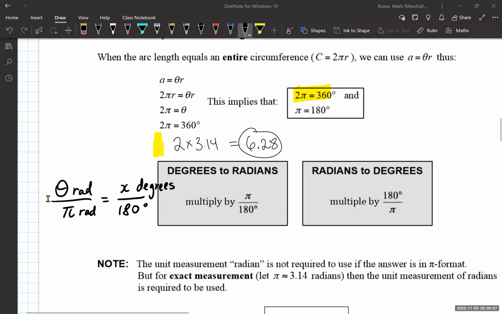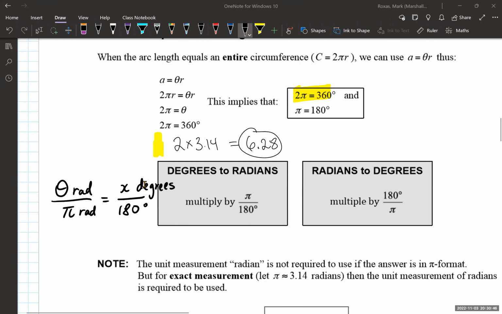Here's a proportion. Whatever you're converting, if I have x degrees divided by 180, that's equivalent to theta radians over pi radians.